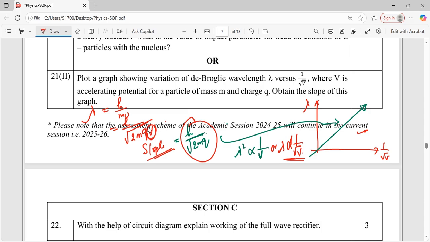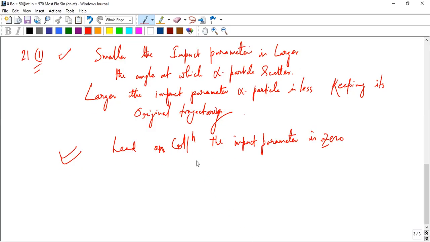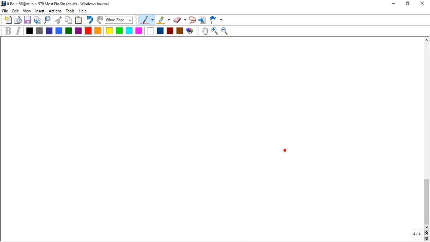Now question number 22: with the help of a circuit diagram, explain the working of the full wave rectifier. So, the full wave rectifier circuit explanation.